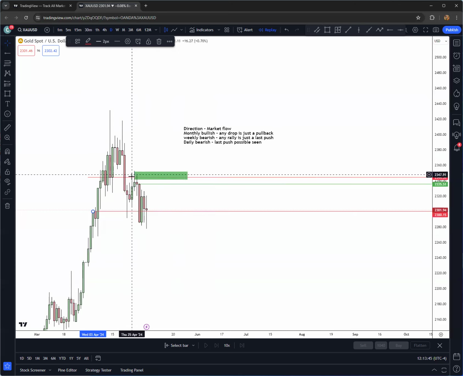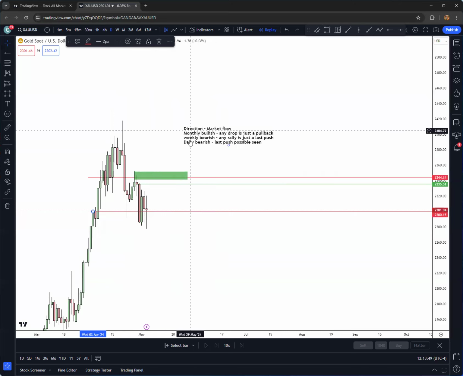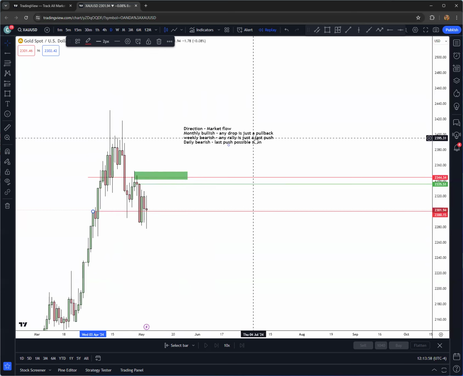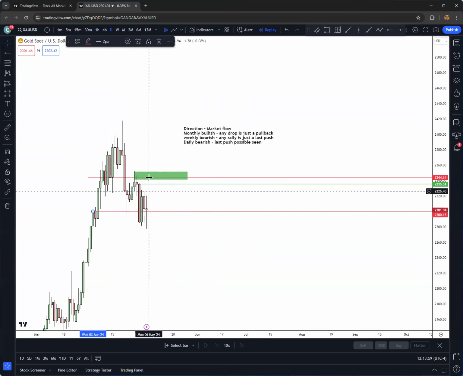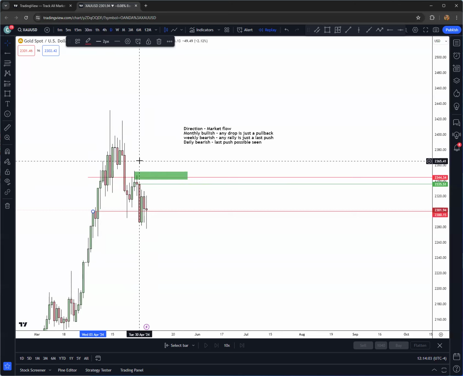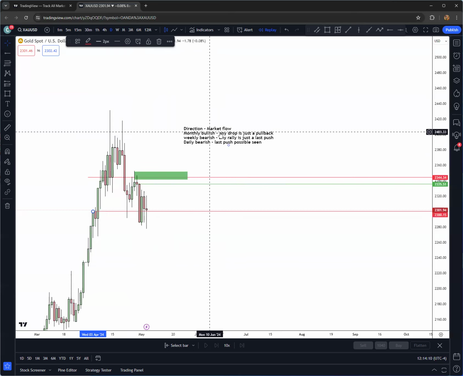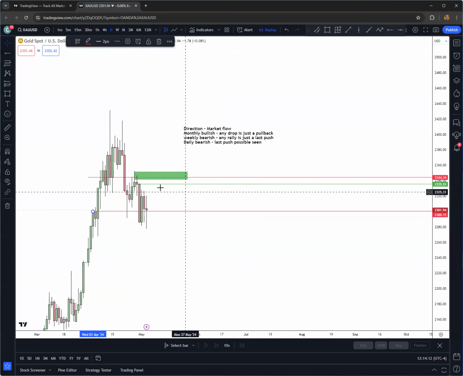So weekly is in control to go down, and the daily needs to facilitate the last push for the weekly. So I would say daily needs to come up, right? To create the last push to sell to go down. And I think that's it. This is where I will be done with my direction, market flow, and all of that stuff.